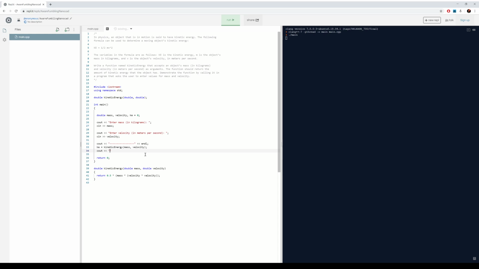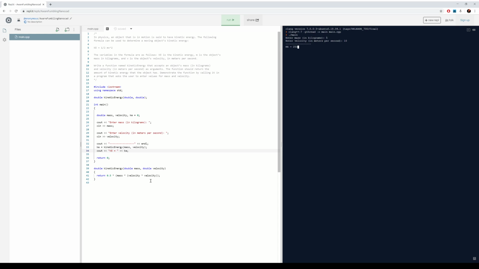Now we can say ke equals, and then we can just spit out the answer. So let's see what we get here. It's asking for kilograms. Let's say it's 5 kilograms, and let's say it's going 10 meters per second. Its kinetic energy is 250.